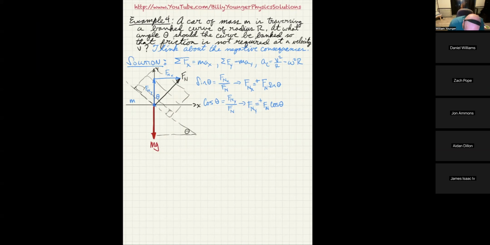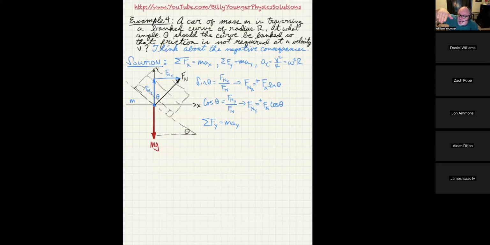I'm going to go ahead and write out the summation of the forces in the y direction is equal to mass times acceleration in the y direction. Now, if this was, for instance, the Daytona Speedway or something like that, that angle is pretty steep. What we're trying to shoot for here is a car that can stay the same height all the way around and not feel compelled, because it's on an incline, to go down or up the incline without friction.